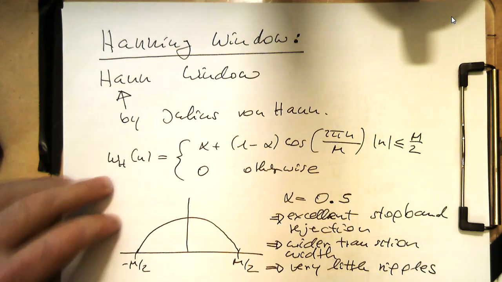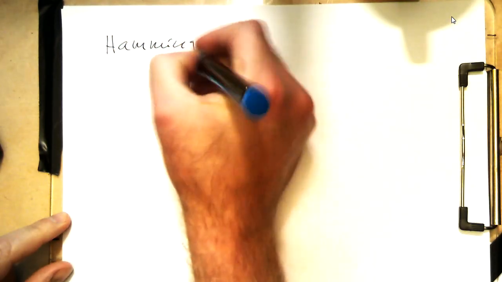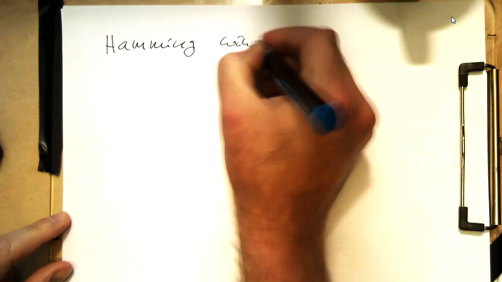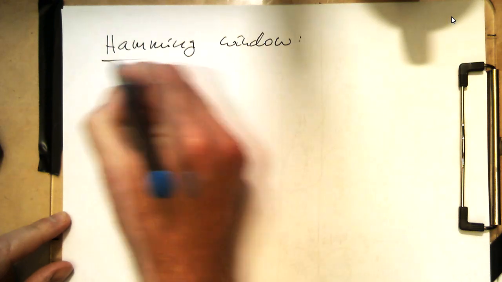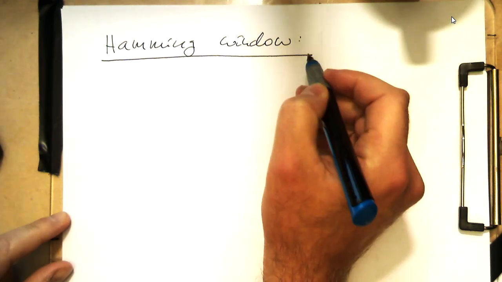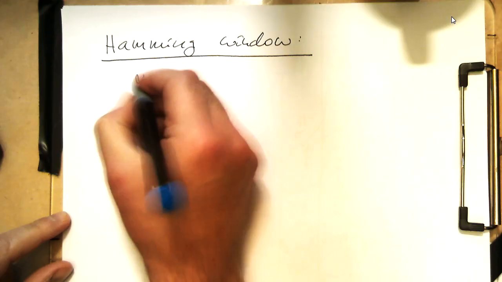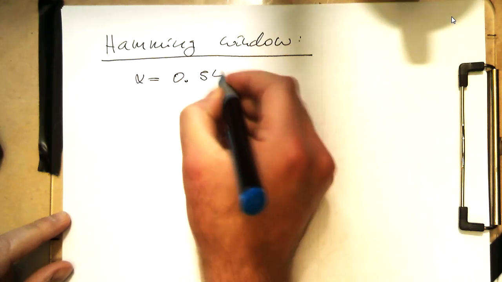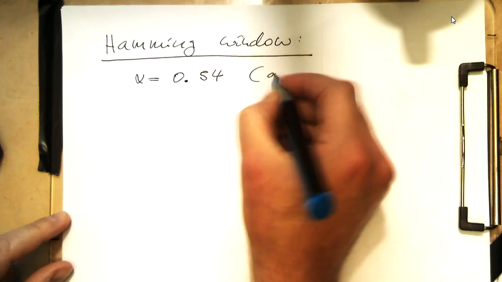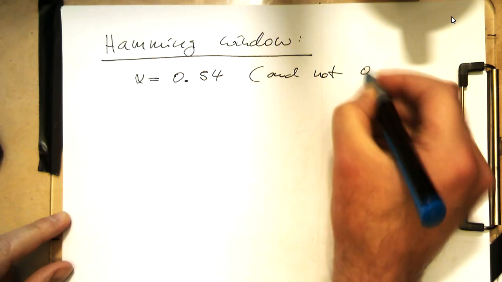Okay, so let's move on to the Hamming window. The Hamming window is quite similar to the Hanning window, but just that this alpha factor is 0.54 and not 0.5.